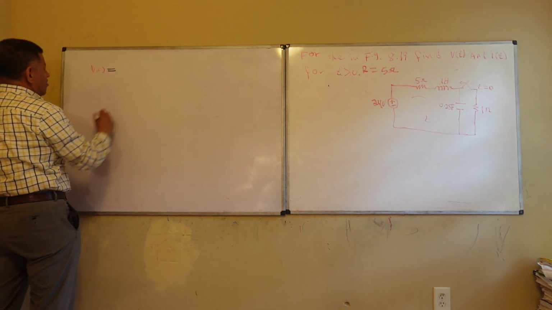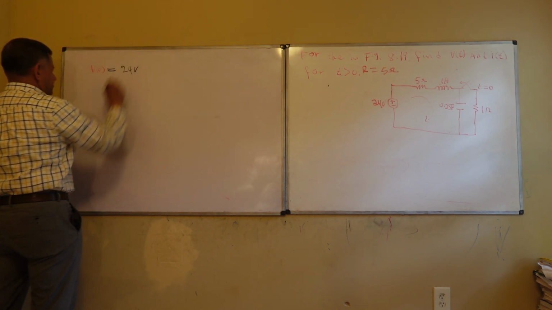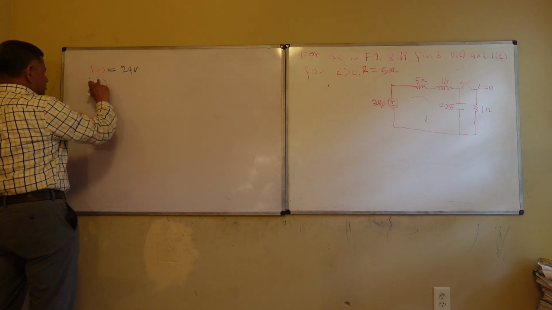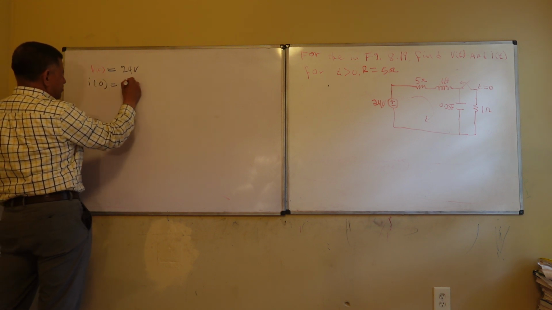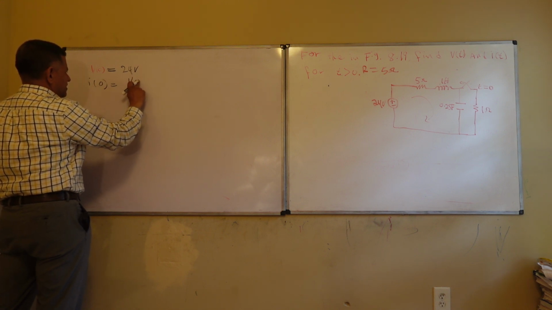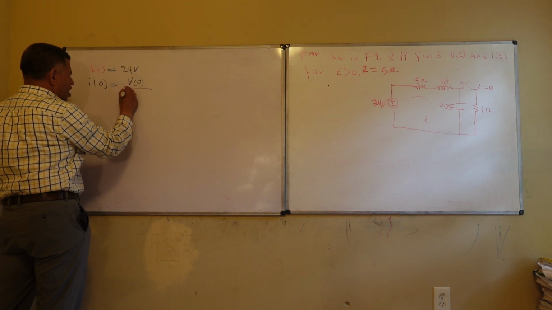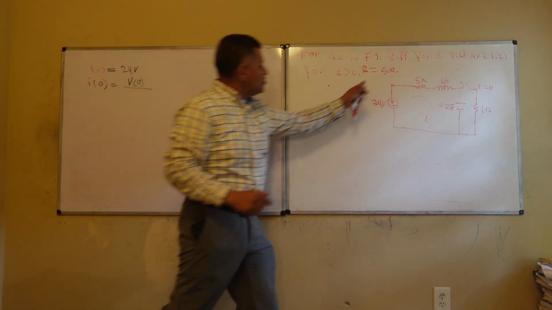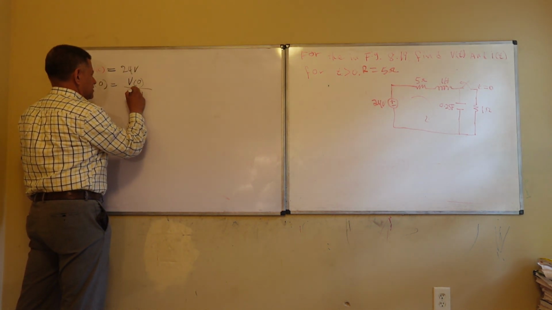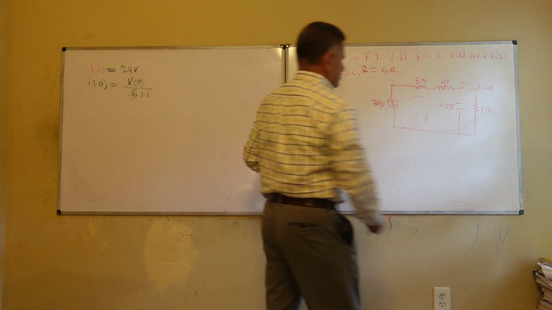We know that at time equal to 0 it is steady state, so it's 24 volts. Now I at t equal to 0 is going to be the voltage at t equal to 0, which is steady state, over R, the one that we used, 5, plus the 1 ohm that is here.